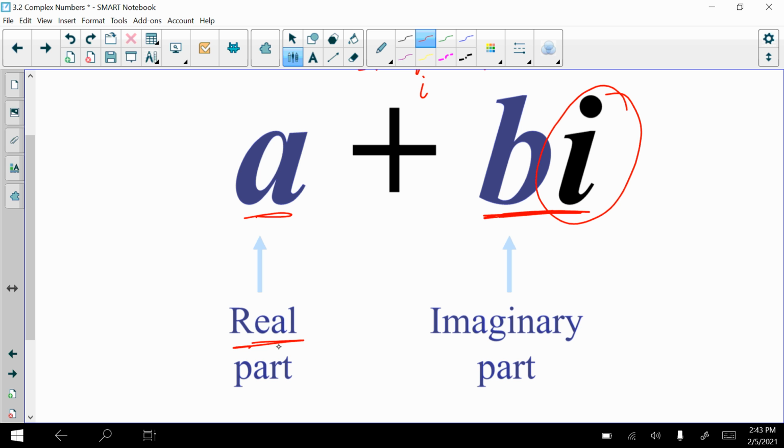When we say the real part, we mean it has no i. There's no imaginary part. Okay, so it goes real part, and then the imaginary part is second. We always write it like that. It's just good form for us. We'll always write the imaginary part second. Okay.